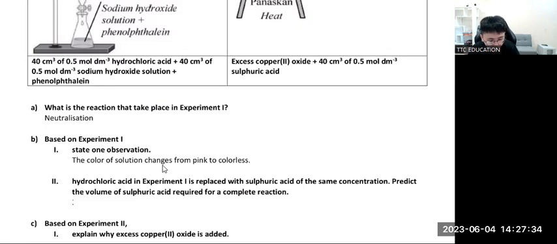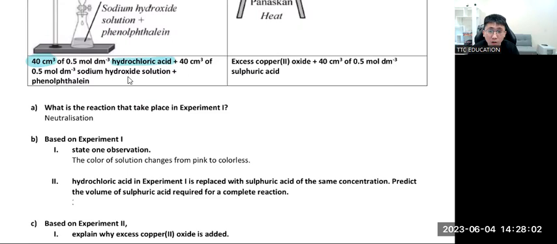Okay, and then moving on, the other one: hydrochloric acid in experiment 1 is replaced with sulfuric acid of the same concentration. Predict the volume of sulfuric acid required for a complete reaction. In reaction 1, you use 40 cm³ of hydrochloric acid to neutralize 40 cm³ of sodium hydroxide, so it's a 1-to-1 ratio.